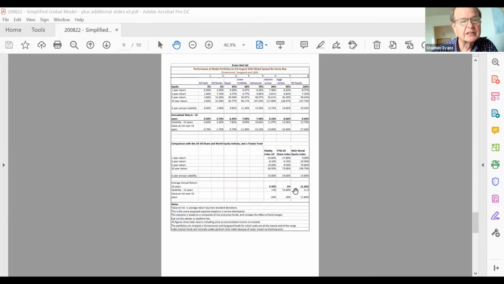By comparison, the FTSE All-Share Index has given 6% per annum over 10 years. The World Index, if you'd been invested in the world equity market, that gave 11.6% per annum over 10 years.